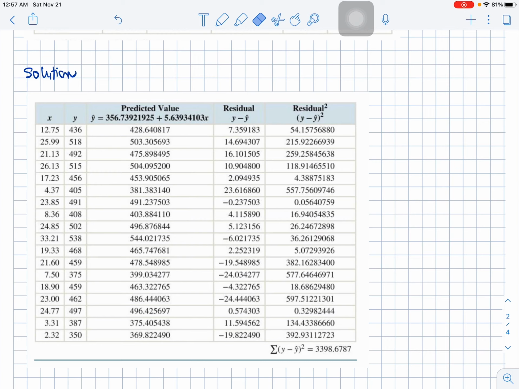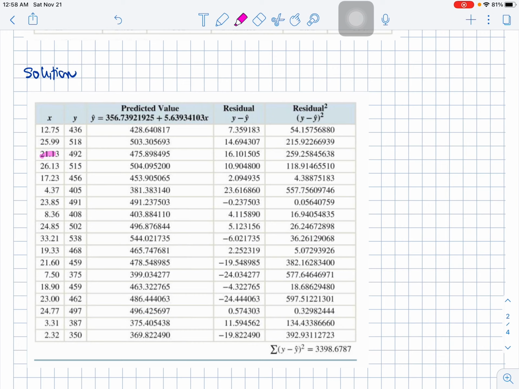We plug in the x value 25.99, and we will get 503.305693. For the third one, you plug 21.13 into the x value.